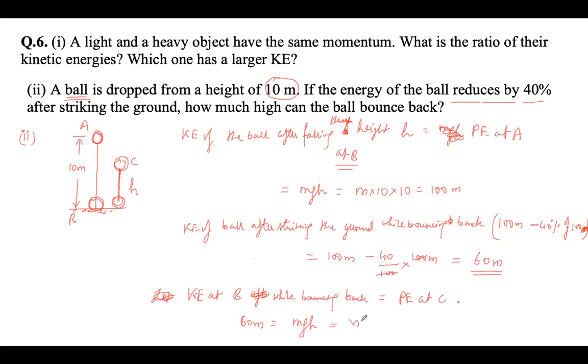So mass m, g is 10, into h. So this will give us 60 m is equal to 10 mh. So h is equal to 60 m divided by 10 m. So this is equal to 6 meter.